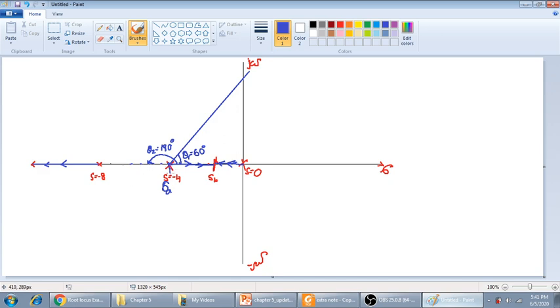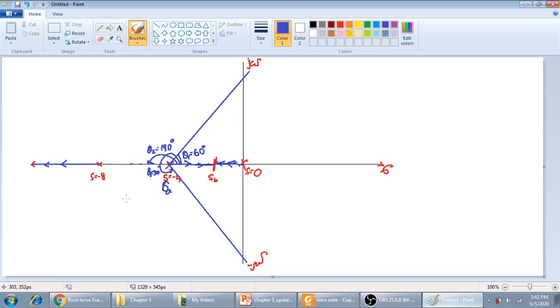It is very obvious, 300 degree will be here. It's easy to draw, right? So from here to here is 300 degree, theta 3. Okay, now understand.